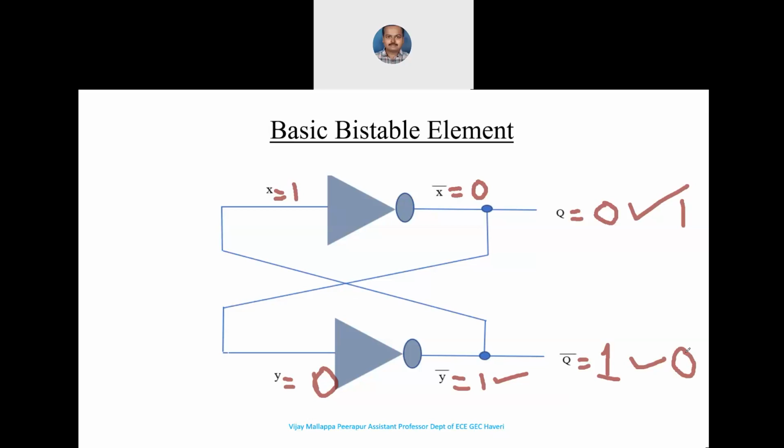Whenever the power is switched on, the element will store a binary symbol, logic 0 or 1, and both of these are stable states. This is a basic bistable element.